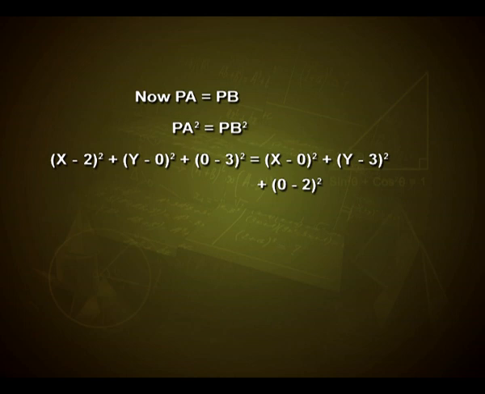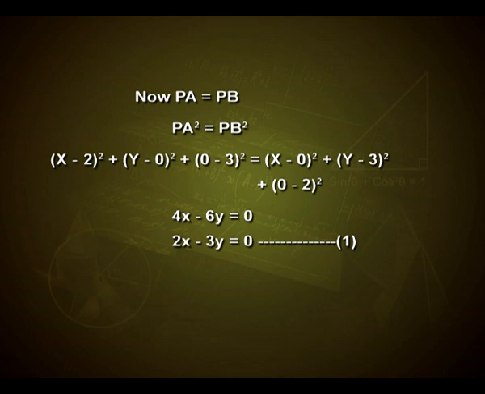On simplifying, we obtain the equation as 4x minus 6y is equal to 0. We can find 2 as a common factor here, and thus we can simplify this equation as 2x minus 3y is equal to 0. Take this equation as the first equation.